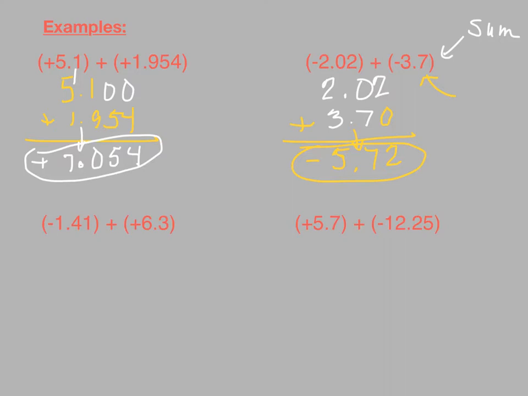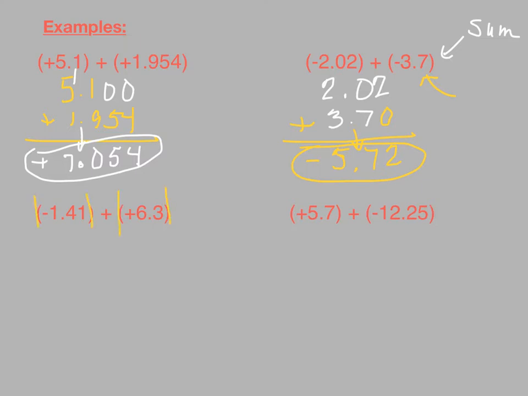Okay, moving right along here, I now have negative 1.41 plus positive 6.3. If the signs are the same, find the sum. They're not the same. If the signs are different, find the difference. Here, my signs are different, and I'm going to be finding the difference of those absolute values.